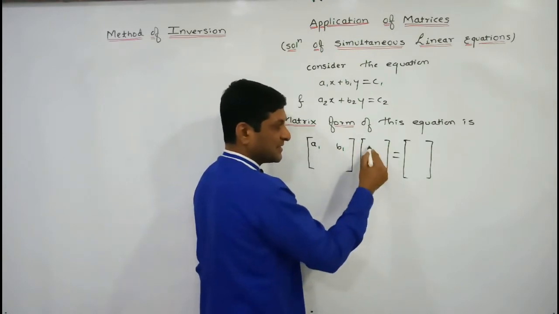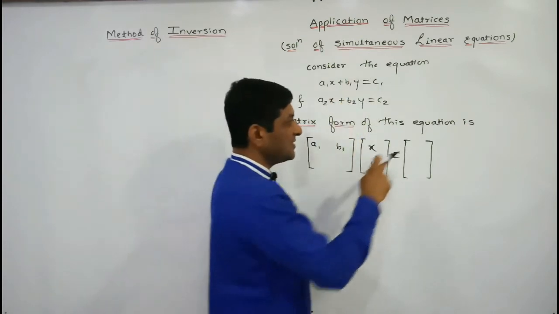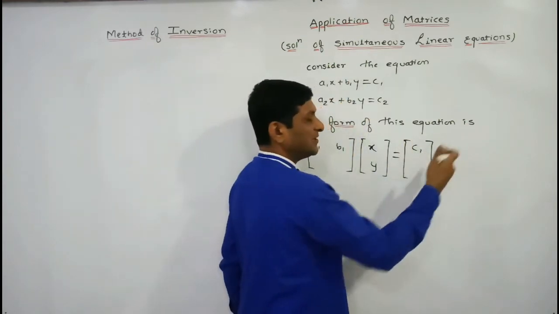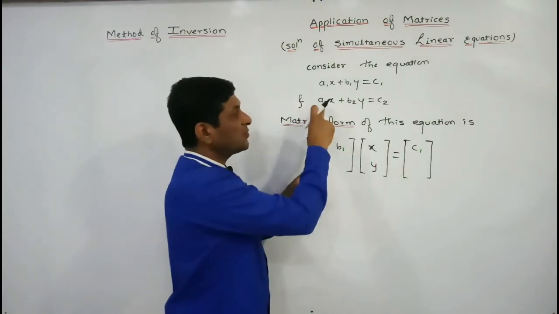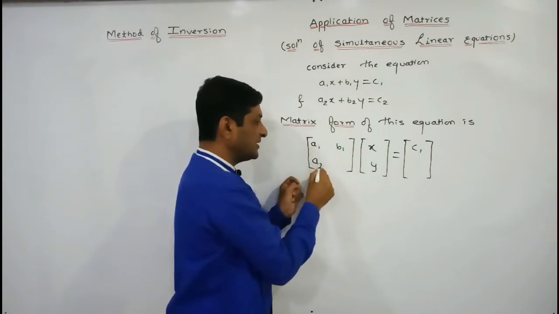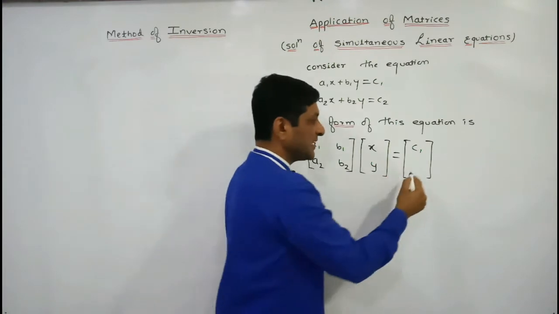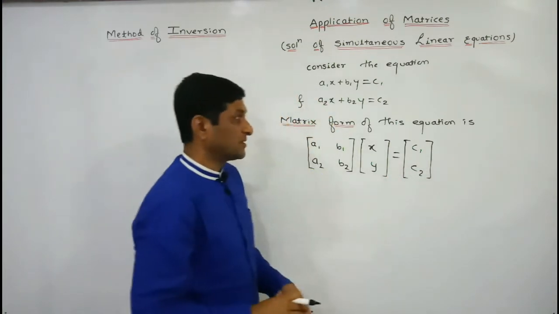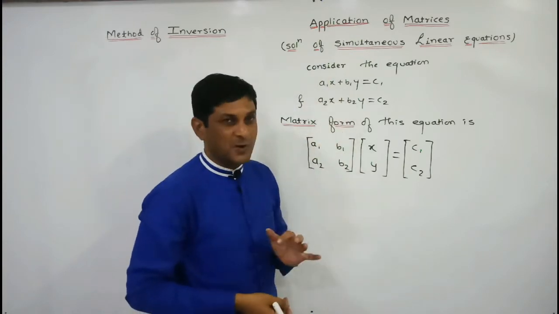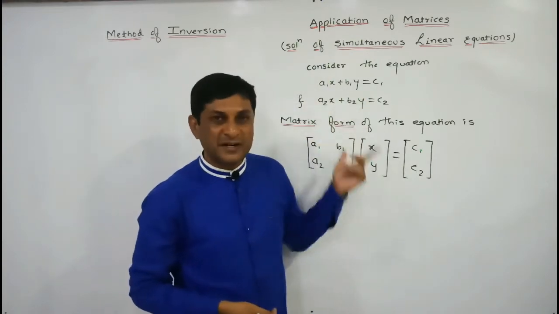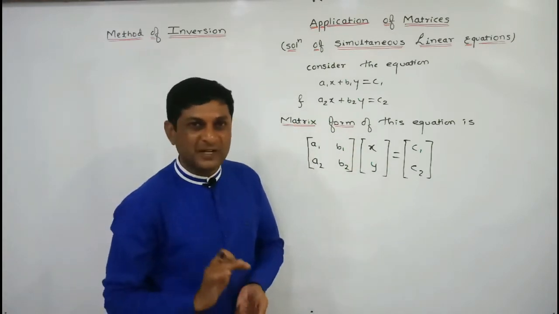In this matrix the variables are x and y, and here write down the constant term from the first equation. In the second row, write down the coefficient of x from the second equation, then the coefficient of y from the second equation, and on this side write down the constant term in this equation. If we are representing this equation using matrices in this form, that's why this is called the matrix form of the given equation.